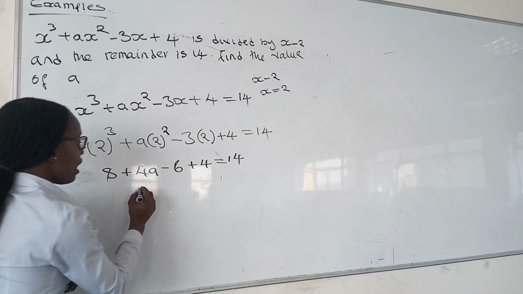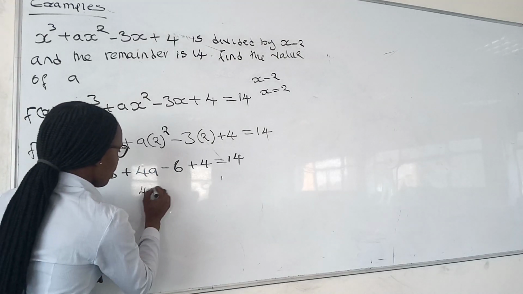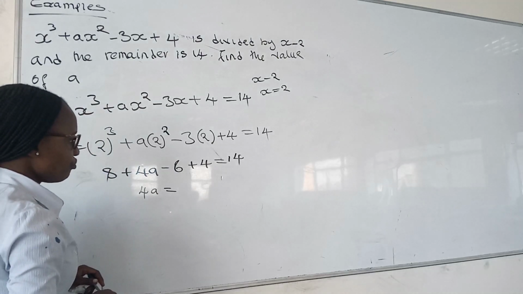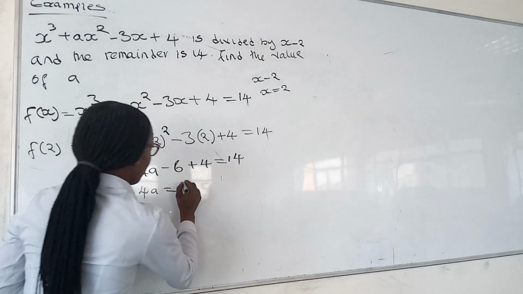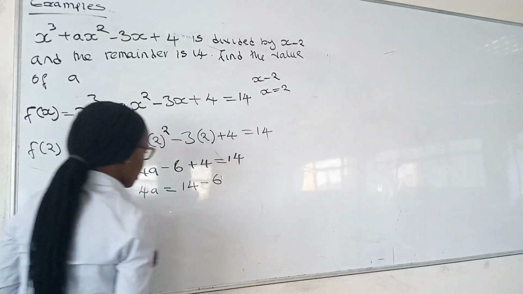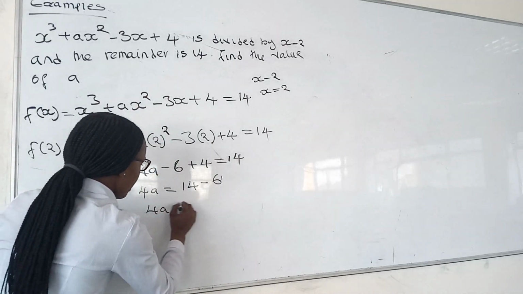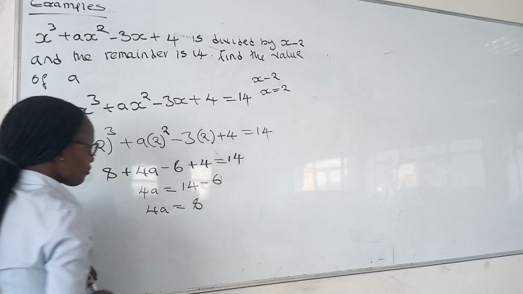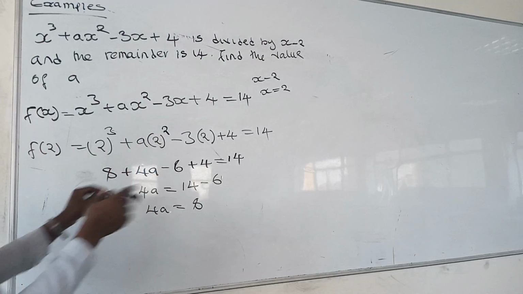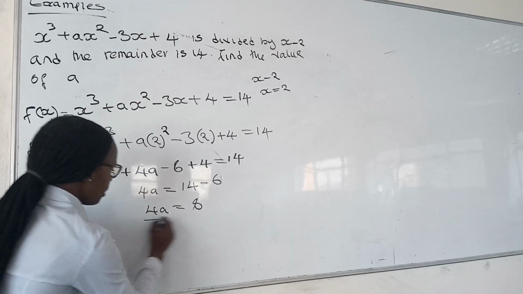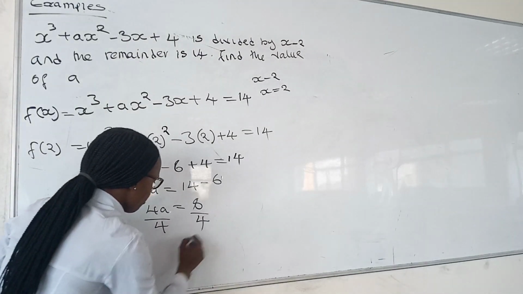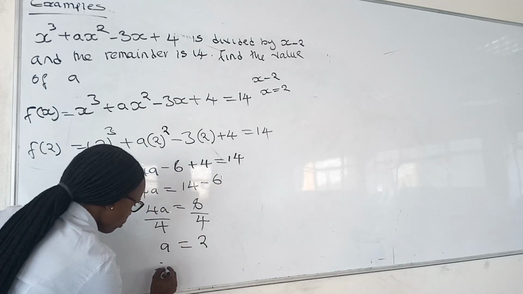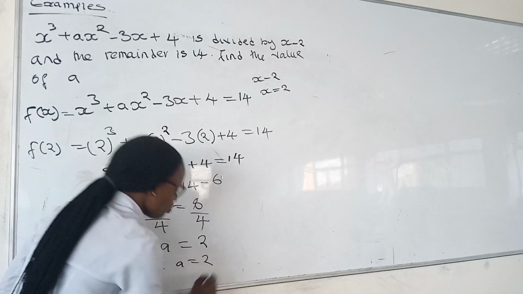So we're now going to have 4a being equal to 14 minus 6, which will give us 4a being equal to 8, right? Then dividing by 4 on both sides, our a is going to be 2. And we can conclude that therefore a is equal to 2.